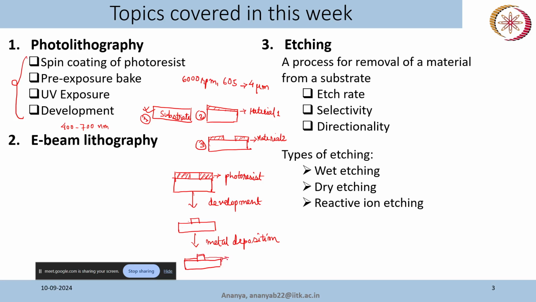So this is metal. Next we can do a process called lift off, where we will remove the photoresist layer using some chemical solution that will give us a pattern of metal layer like this.